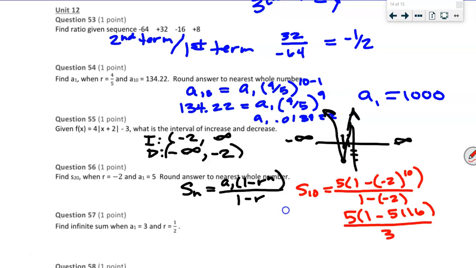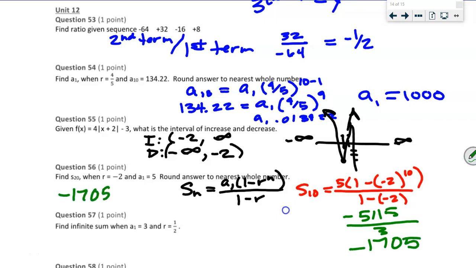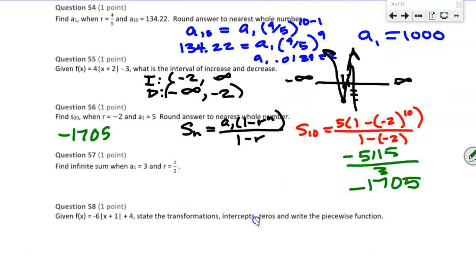Sorry, that's not right, y'all. I didn't write the parts on my paper. So basically, when I do that on top, I got -5,115, and then I divided that by 3. So my actual answer is -1705 for this problem, okay? So -1705 is the sum of all those terms.